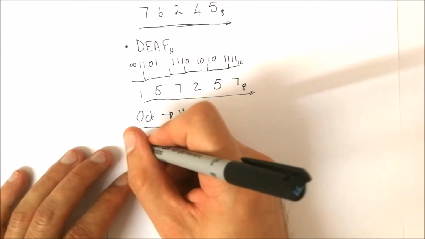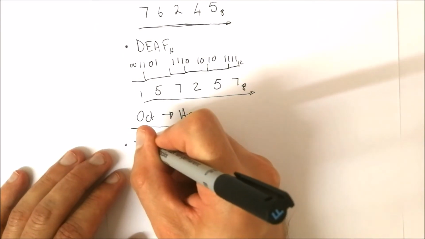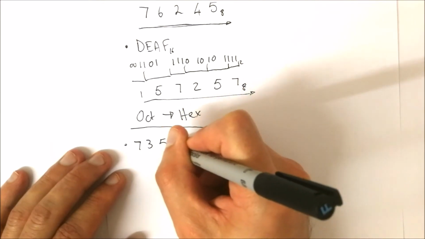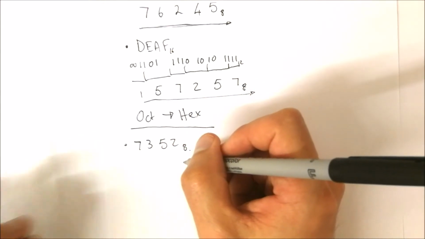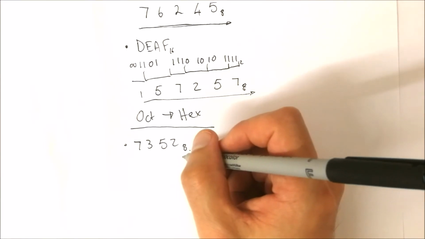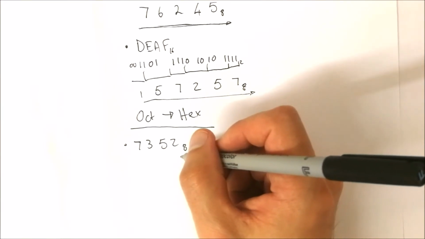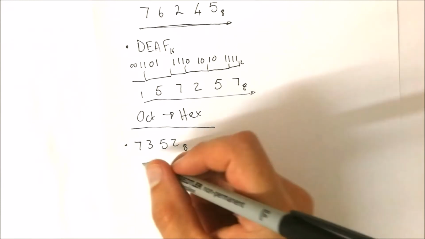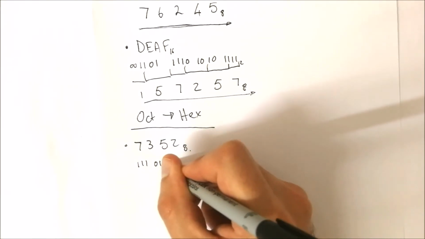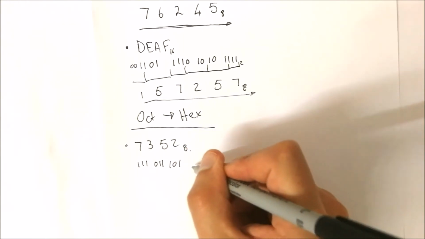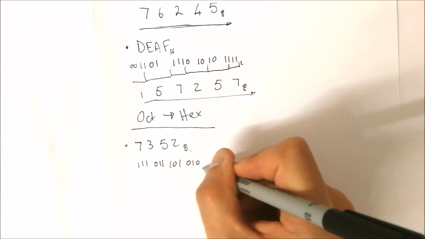So again, let's look at the octal number 7352. If you recall correctly, we converted this into binary. That was equal to 111 011 101 010.